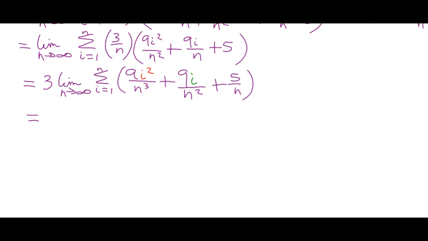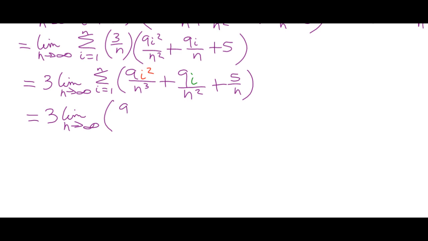Okay, so it's 3 times the limit as n approaches infinity. And now we're going to drop the summation, because we're going to replace the summation with the formulas for these things. We can do the individual sums. It's just the sum of this plus that plus that. Carefully switching colors here.